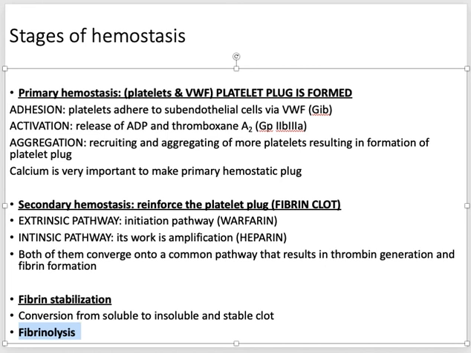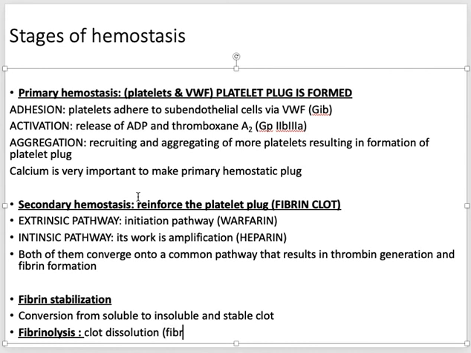As the name shows, once the healing is done, once the target is reached, or once the healing is initiated, the clot should dissolve. Okay, so this is simply clot dissolution. And how?